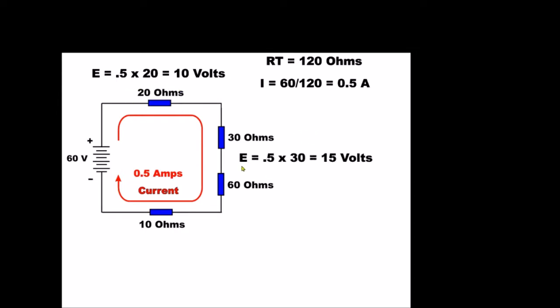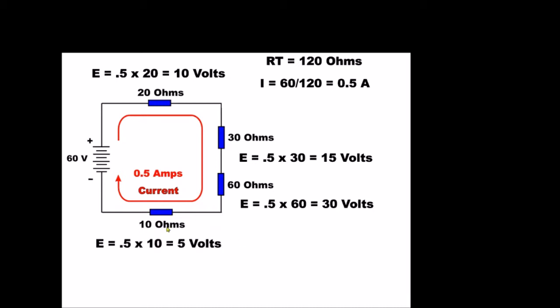Now, if we use the same formula, E equals I times R, we get 15 volts dropped across the 30 ohm resistor. We continue on with our 60 ohm load. We use our Ohm's law formula and we get a 30 volt drop across our 60 ohm load.